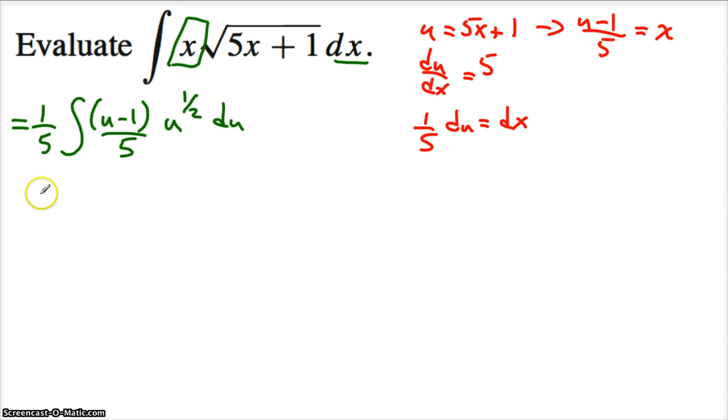Okay, so now comes some simplifying. This is going to be 1/25, right? I'll just take this divide by 5 to outside here, multiply by 1/5. And then I'm going to use the distributive property here. u multiplied by u to the half is u to the 3/2. 1 multiplied by u to the half will be u to the half.